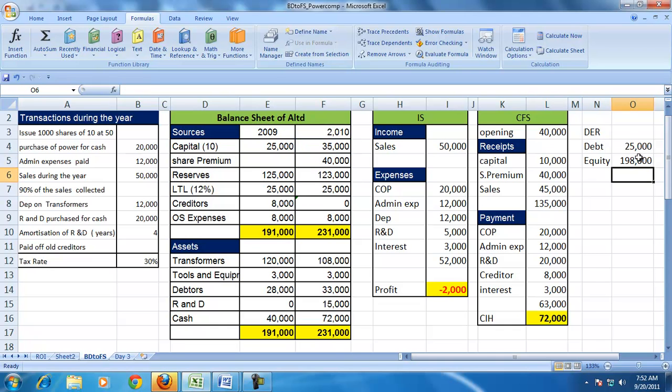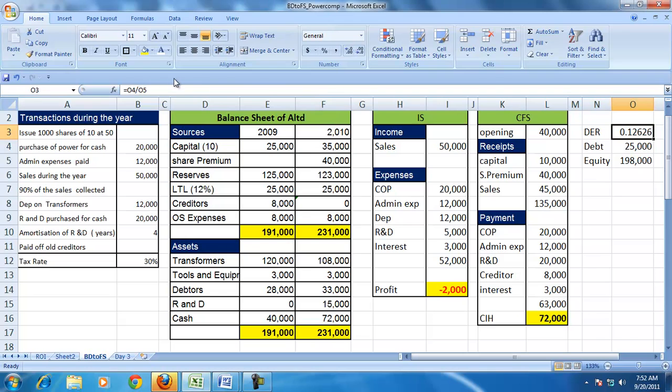So the debt equity ratio is 25,000 by 195,000. So the company is dependent on the equity. In other words, the business is financed by the shareholders' money more than the outsiders' long-term debts.